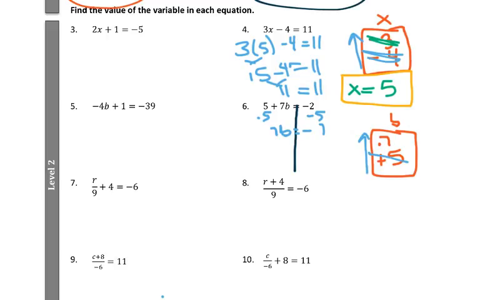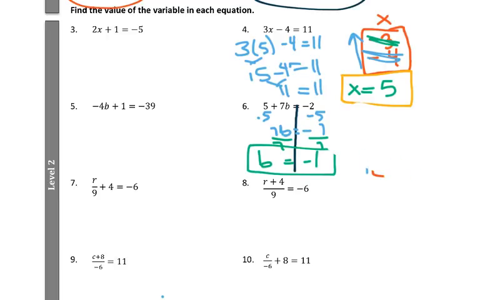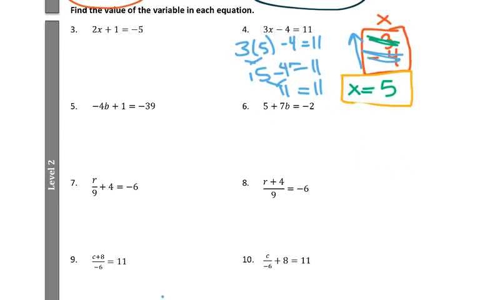And then our last step is to divide both sides by 7, because that's the opposite of multiplying by 7. 7b divided by 7 is just b, equals negative 7 divided by 7, which is negative 1. So in theory, b equals negative 1 should be the number that balances this equation. Let me just jot that down over here. So b should equal negative 1. That's our answer that we're claiming.